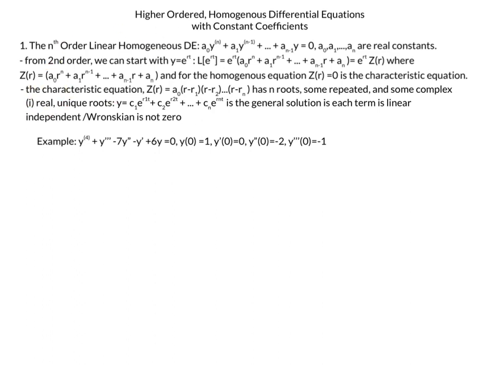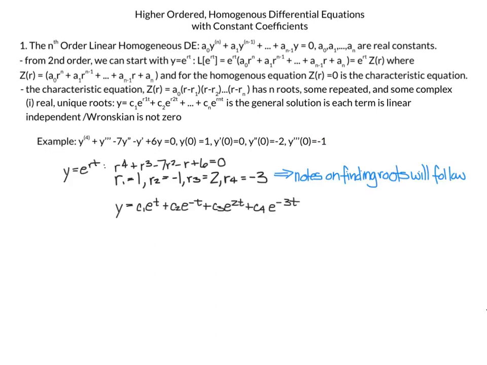So here we have y to the 4th plus y to the 3rd minus 7y second derivative minus y derivative plus 6y equals 0. And we have y(0) equals 1, y prime of 0 is equal to 0, y double prime of 0 is equal to negative 2, and y triple prime of 0 is equal to negative 1.